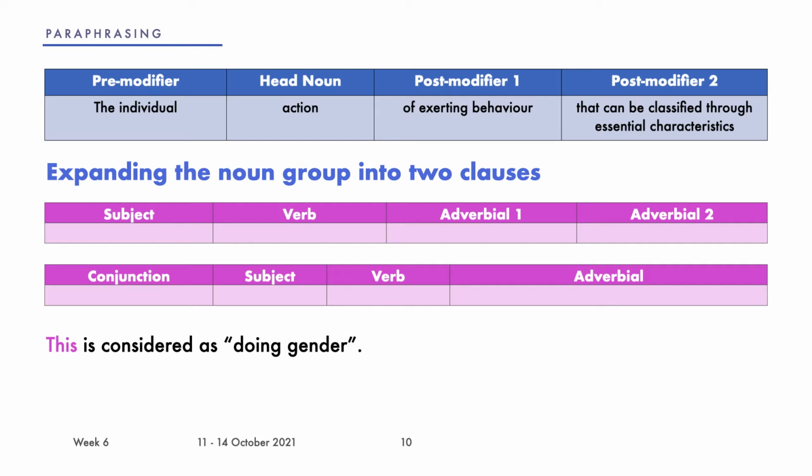It's something about performing gender, based on your understanding of your gender and how you behave according to the gender you consider yourself to belong to. So in this case, you don't have to paraphrase doing gender.